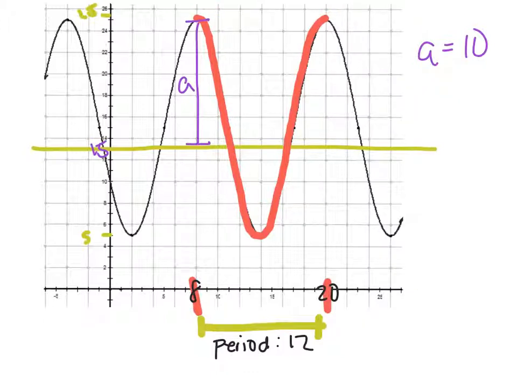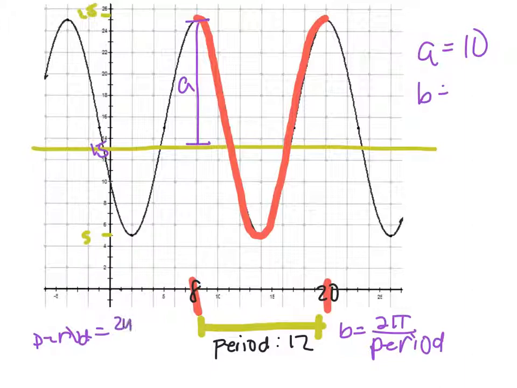My b comes from doing 2 pi divided by your period. Just like on the other graphs, your period was 2 pi over whatever that b is. So we're just kind of going backwards. So if I do 2 pi over 12, that means my b value is going to be pi over 6.